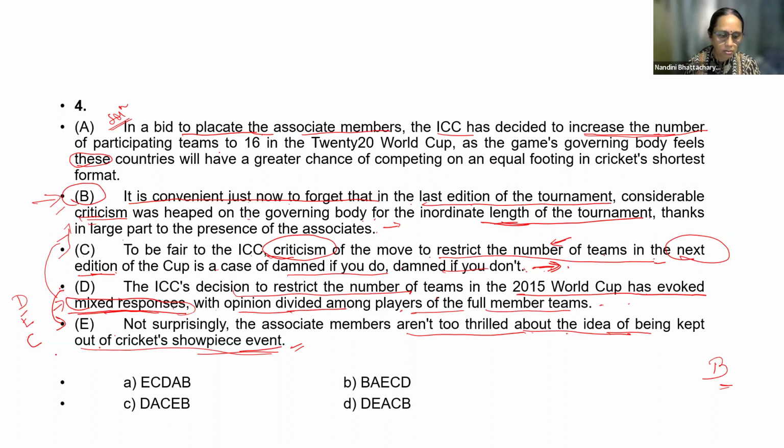So can C follow A? We are talking about the decision in the next edition. So what is the decision in the next edition? Now here in E we said members were not too thrilled. A says in a bid to placate the associate members.